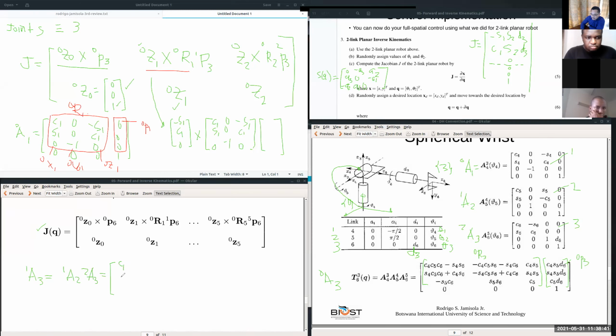1A2 is C1, S1, 0, 0, then 0, 0, minus 1, 0, then minus S1, C1, 0, 0, and 0, 0, 0, 1. Next, this part.